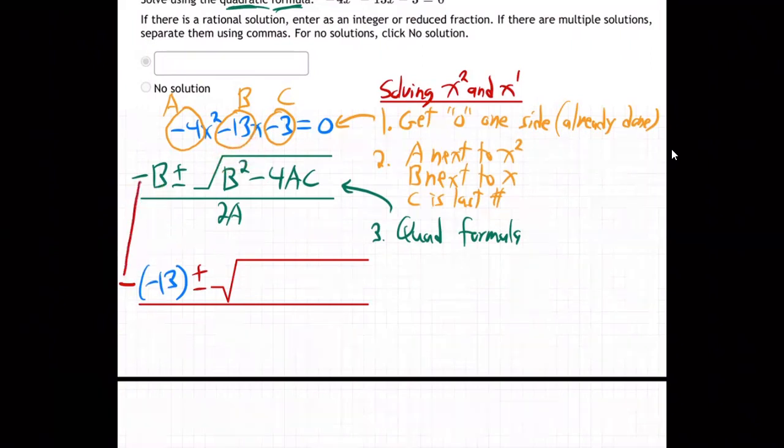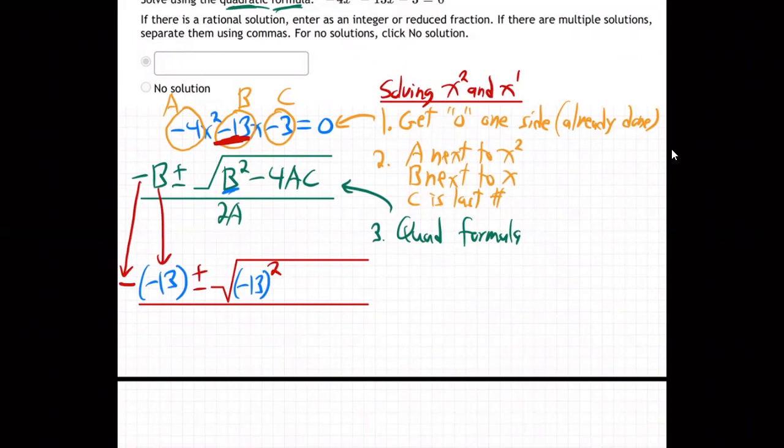So there's the negative that was part of the formula, and then B itself right here is negative 13, right? And then now I'm going to plug in b right here. Again, put parentheses around whatever you plug into a formula. That's not just for this formula. That's for all formulas ever.